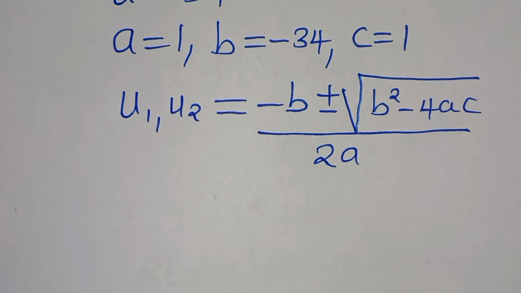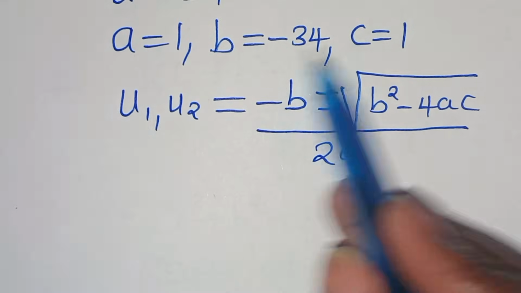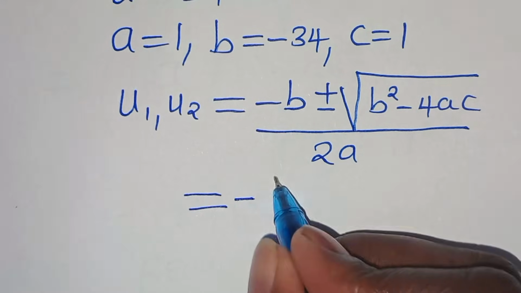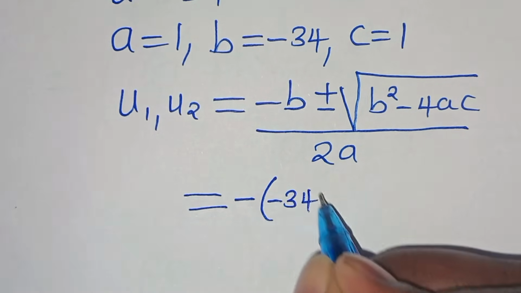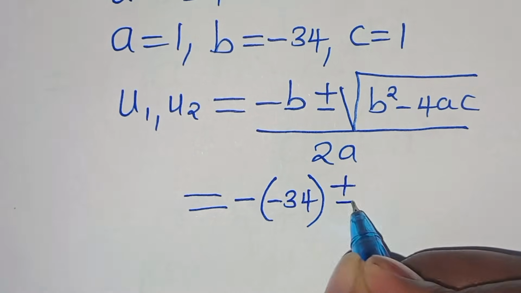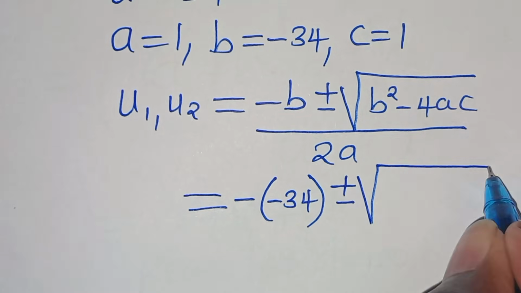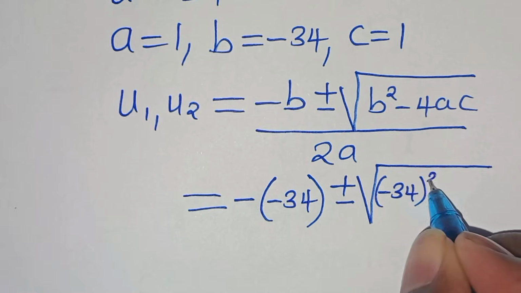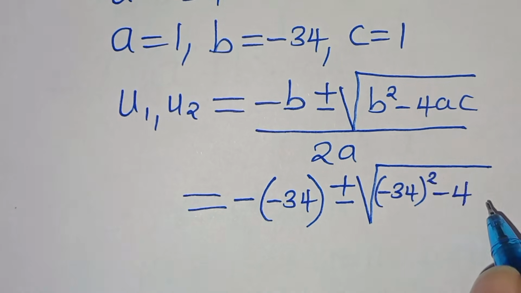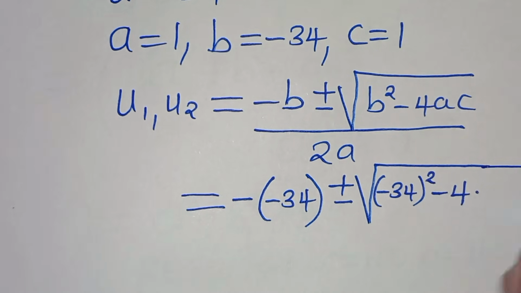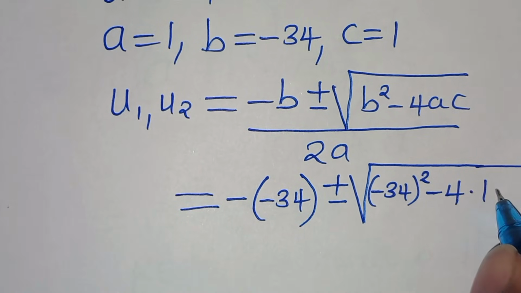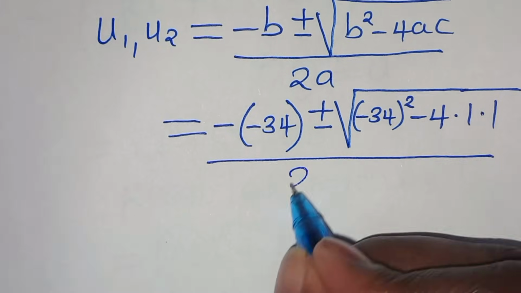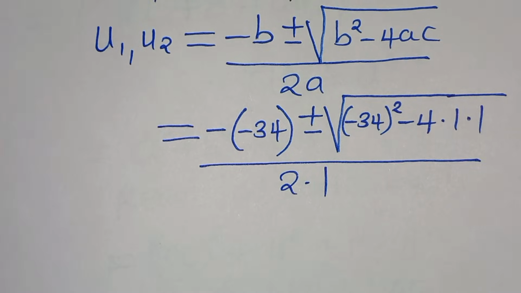So let's substitute the values of a, b, and c in this formula, so that we have minus 34 plus or minus the square root of (minus 34) raised to the power of 2, then subtract 4 multiplied by a, which is 1, multiplied by c, which is 1, everything divided by 2 multiplied by 1.